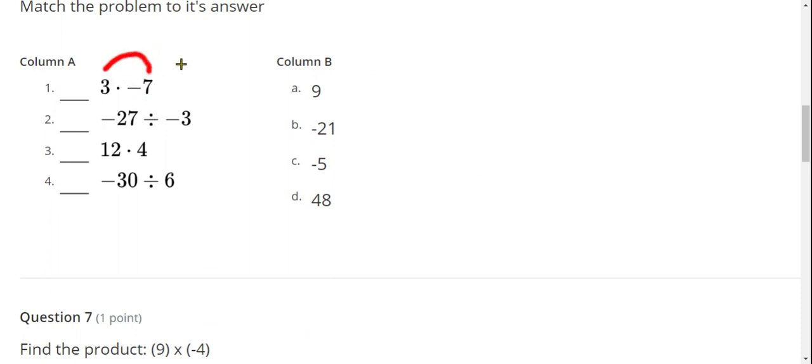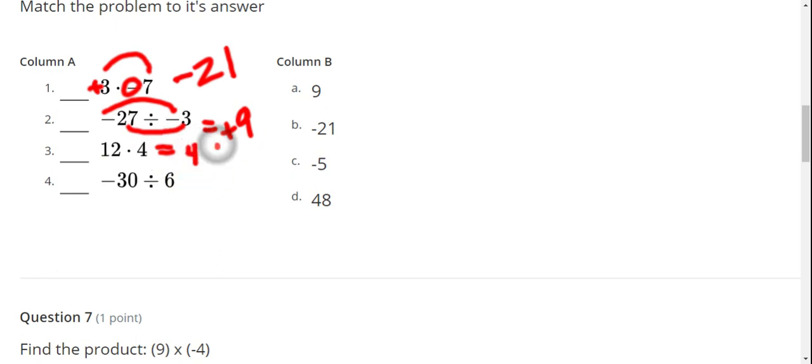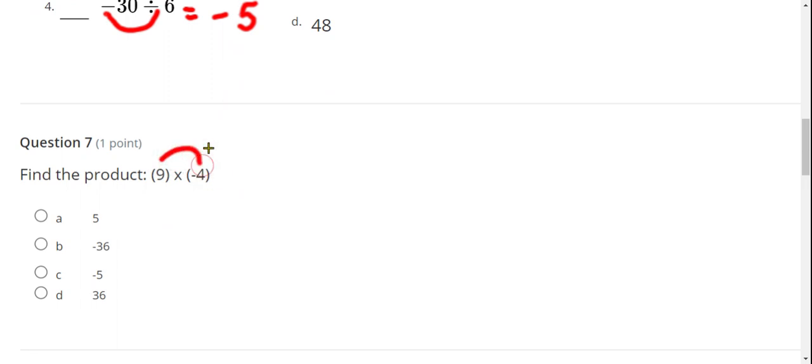So 3 times 7 is 21, and a positive times a negative would stay negative. 27 divided by 3 is going to be 9, and then double negatives, the opposite of a negative is going to be positive. 12 times 4 is 48, and then 30 divided by 6 will be 5, and the negative divided by a positive, the positive is going to leave the negative where it's at, which is negative. 9 times 4 is 36.